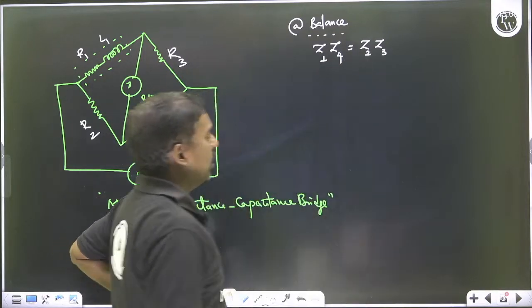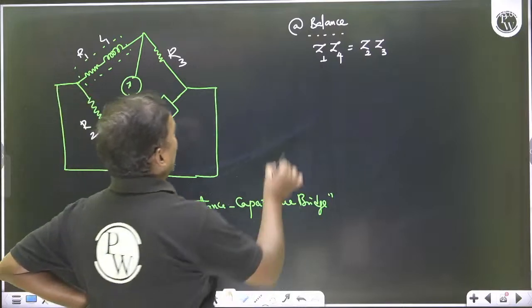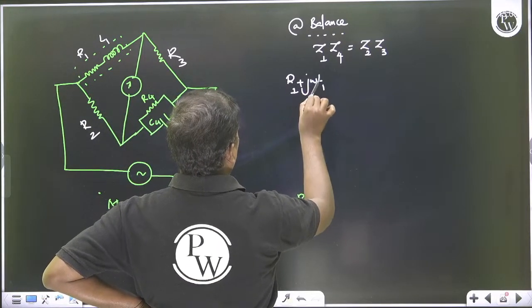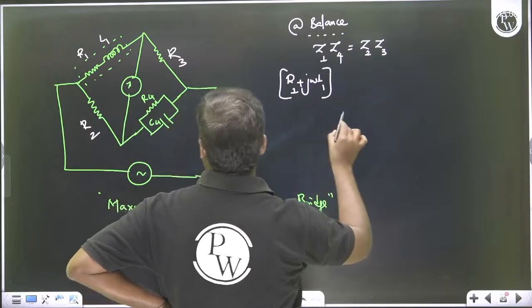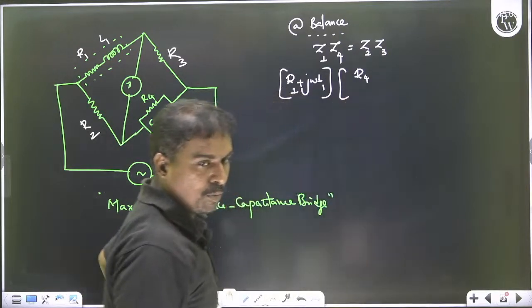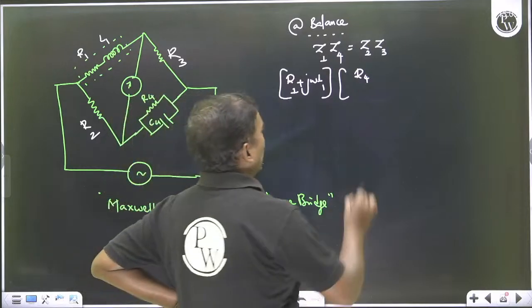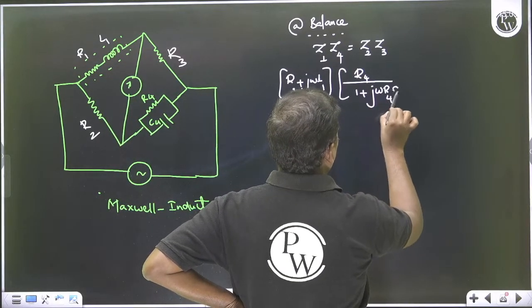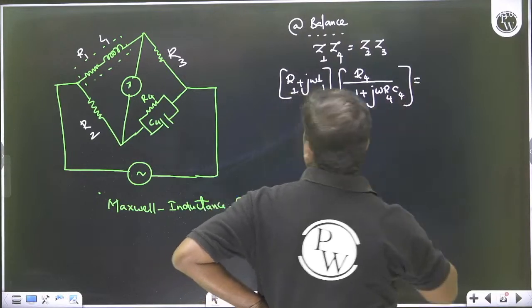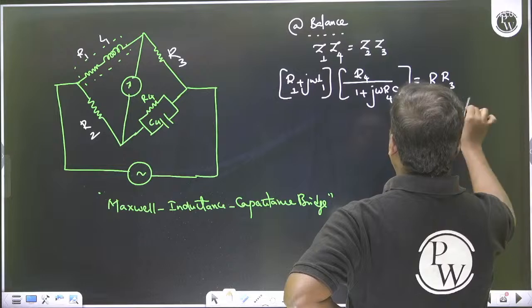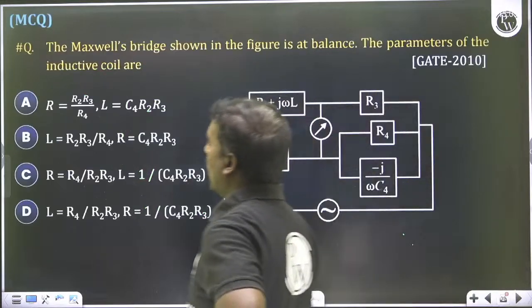If you solve, you are going to get the concept. So we can take it as R1 plus J omega L1. Z4 is R4 into 1 by J omega C4 divided by R4 plus 1 by J omega C4, which is R4 by 1 plus J omega R4 C4, and Z2 Z3 is R2 R3. Definitely R2 R3 by R4 should come.